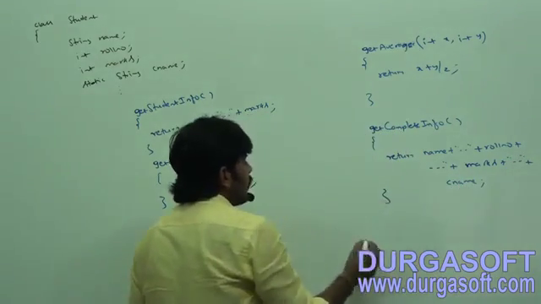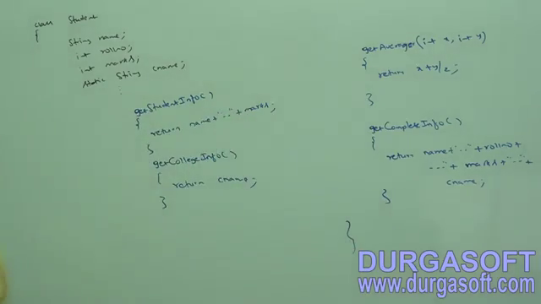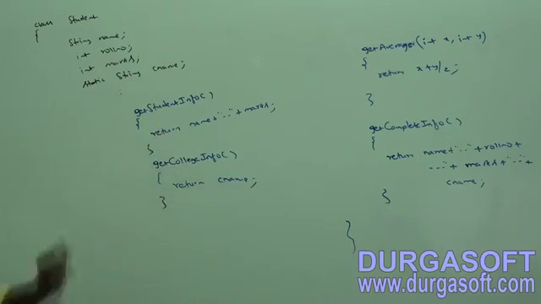Okay, that is the end of the class. Are you getting it? So total how many methods are there? First one, second, third, fourth.